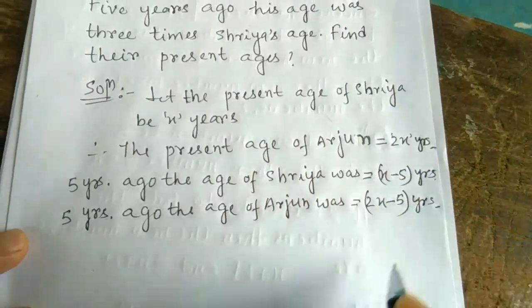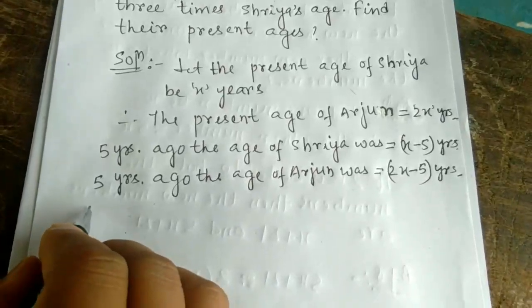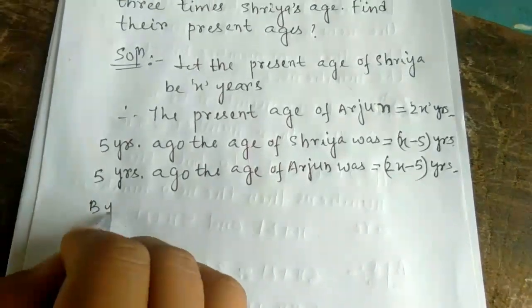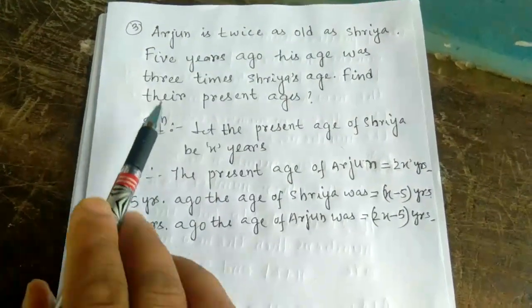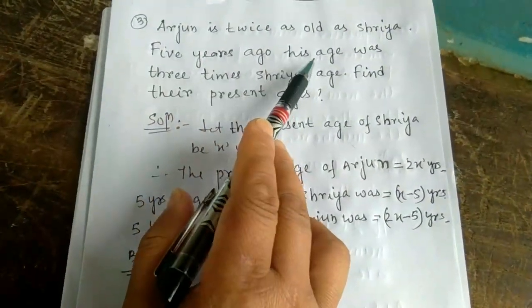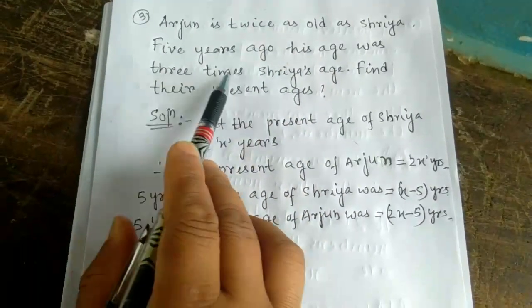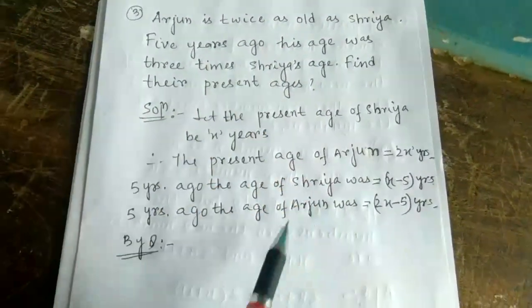Okay, now according to the question. It is given 5 years ago his age was three times Shriya's age. His means Arjun's age.